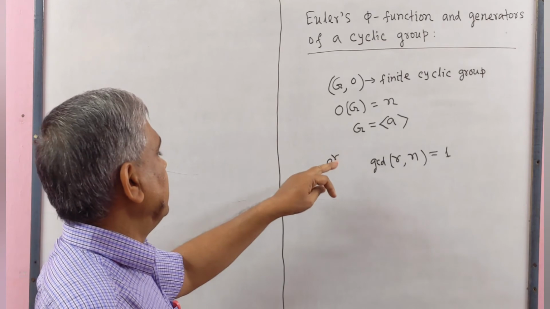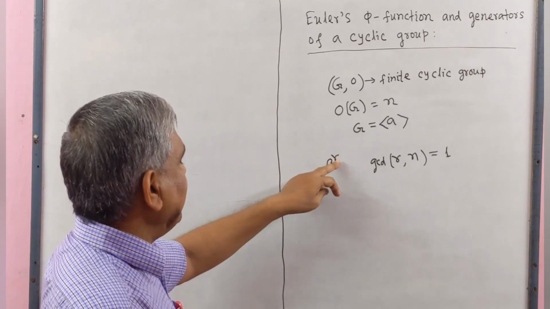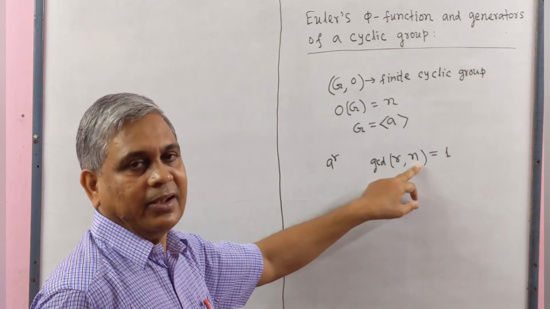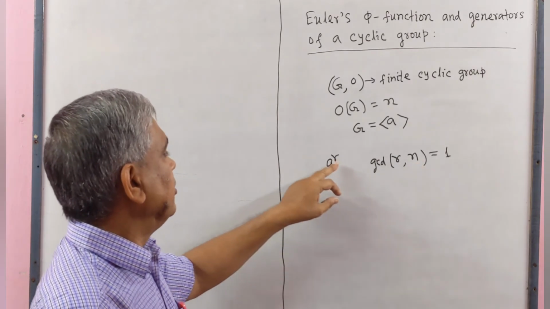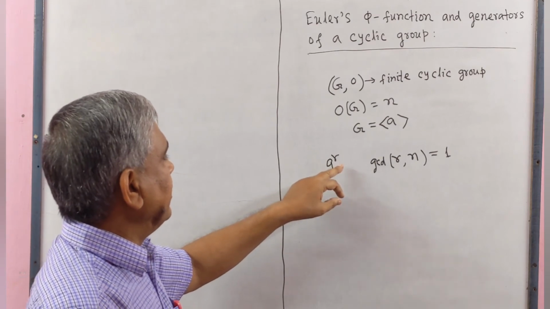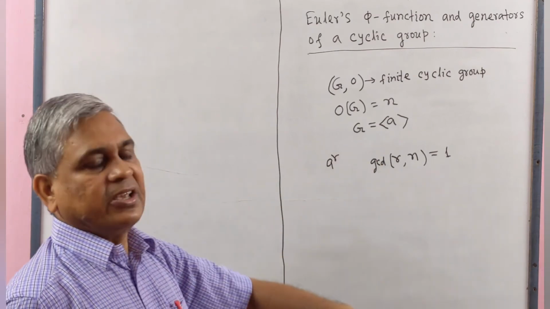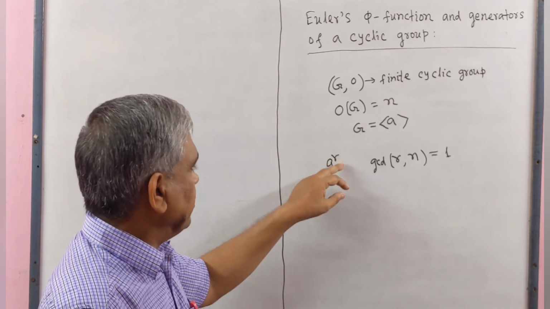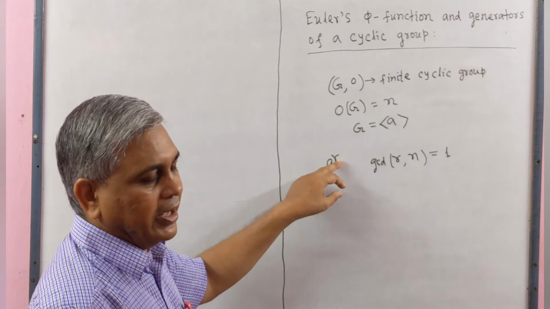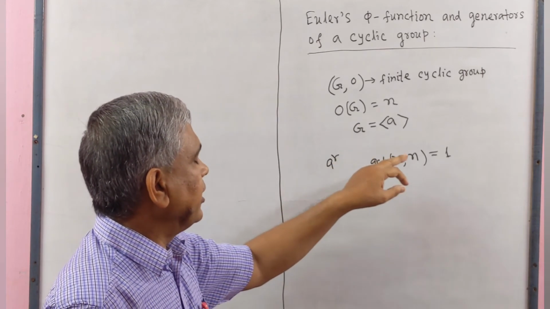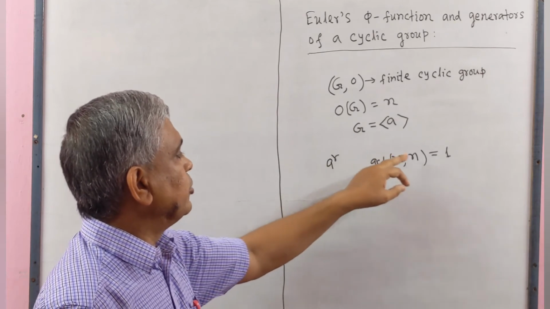The number R is less than n, and we find the number of such R's, meaning positive numbers r which are relatively prime to n.